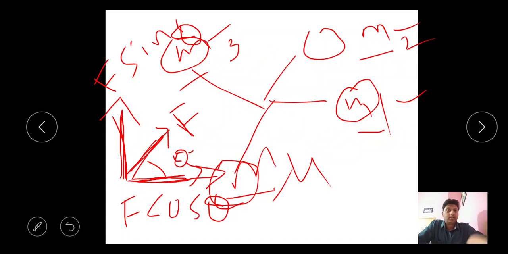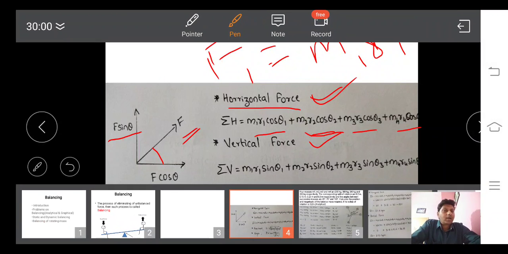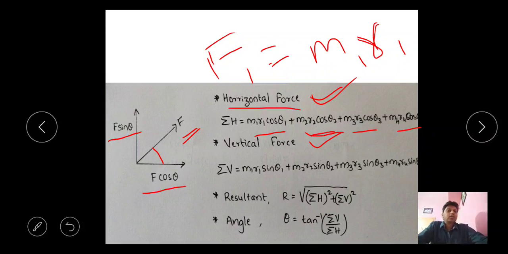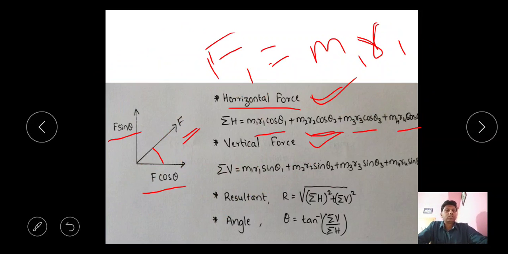For the first mass M1, the horizontal force is M1 R1 cos theta 1. For the second mass, horizontal will be M2 R2 cos theta 2. For the third, M3 R3 cos theta 3. Last, M4 R4 cos theta 4. If you add all these forces, you get the horizontal force.